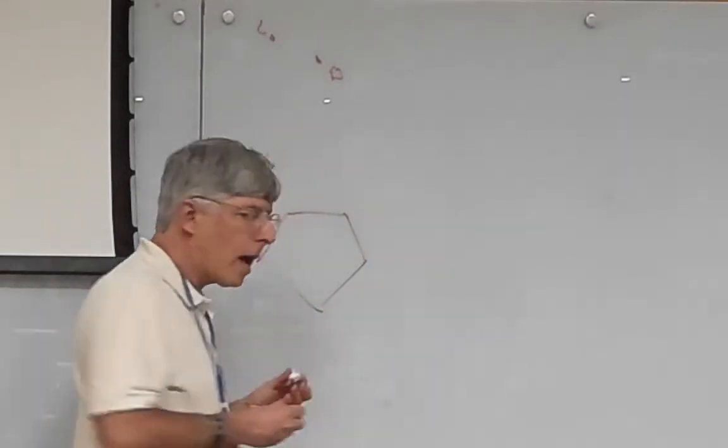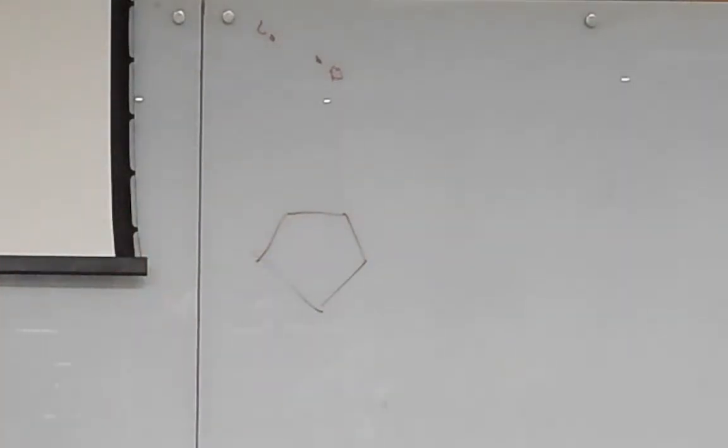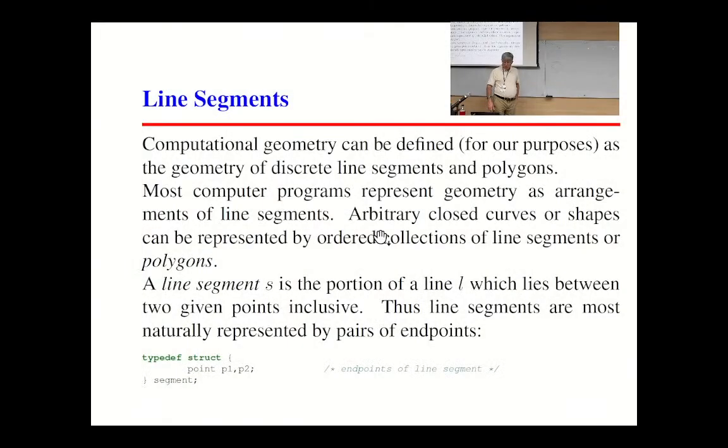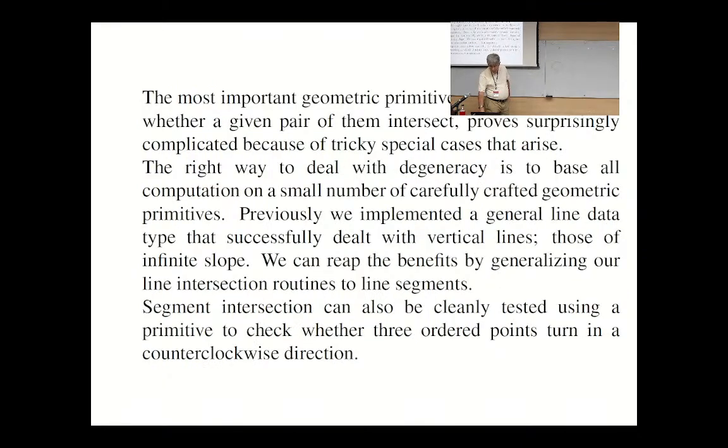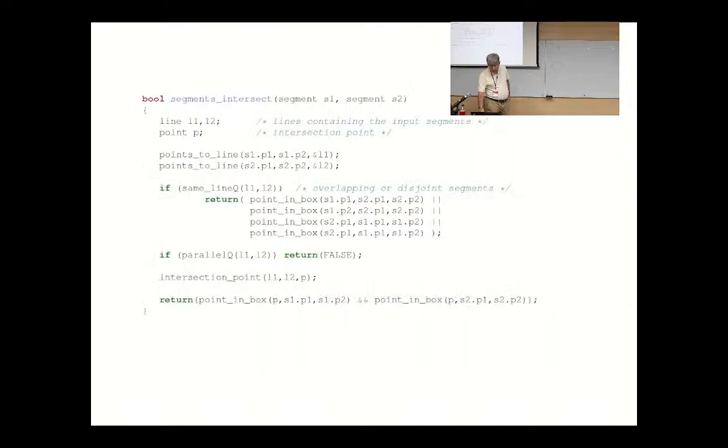One of the main primitives: every line can be represented by slope and intercept. Every line goes through 2 points. Every line segment has a starting and ending point. That's the natural way I represent a line segment.